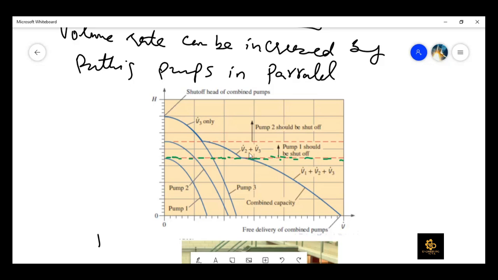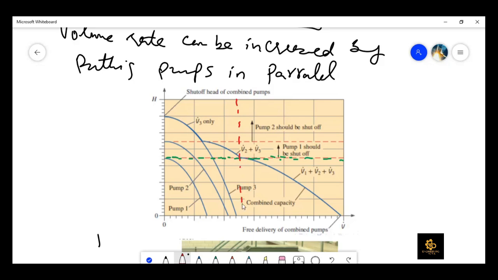So this discussion of the green line is valid when we have pumps of different capacities, right? Then we can see the combined capacity of this piping system when we operate it below this green line. Otherwise, it reduces to V2 plus V3. So if pump one is lost, then the maximum volume flow rate we can get out of this system is only up to this point.